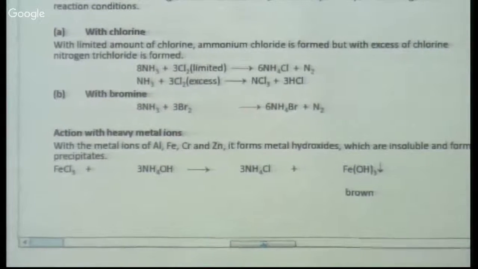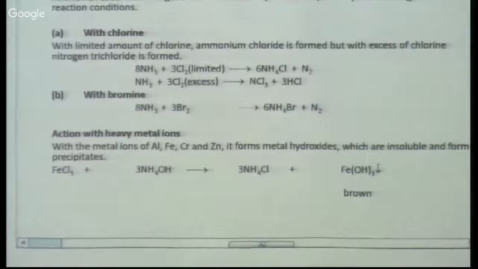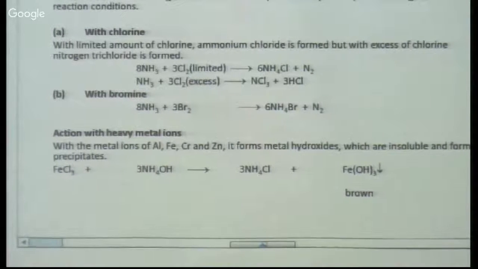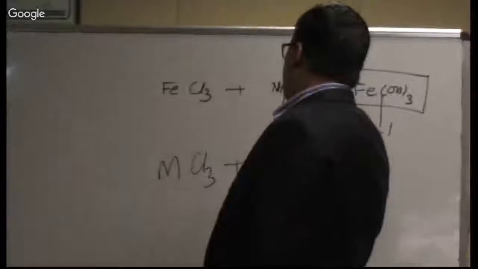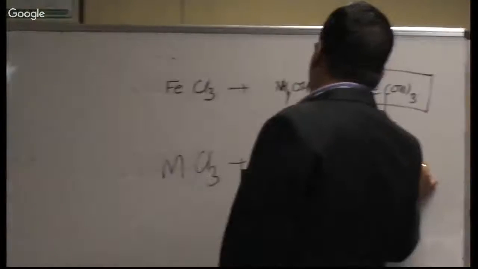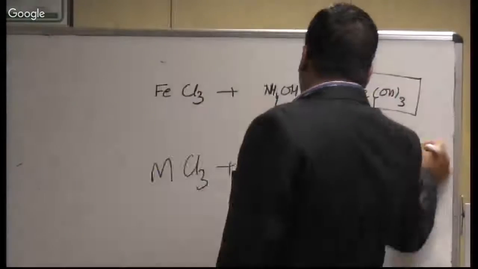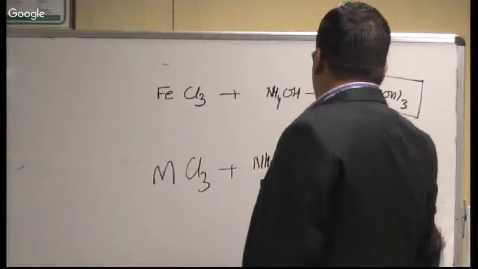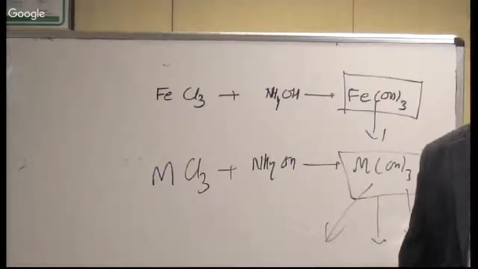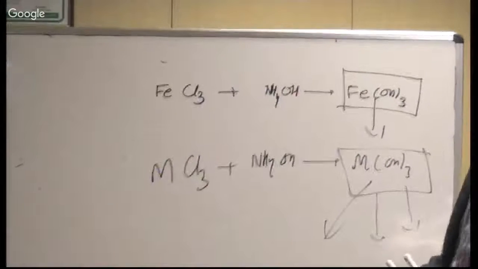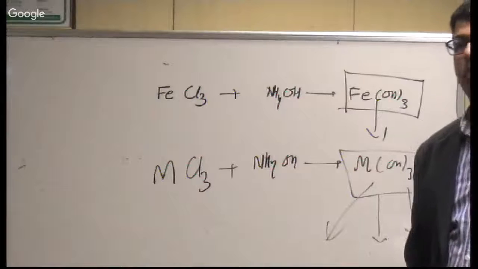Clear? In place of this iron we can say MCl3 plus NH4OH will give M(OH)3, and different metals having M(OH)3 have different colors. For example, iron, the color is brown. Clear?